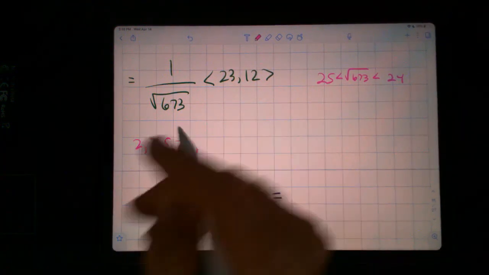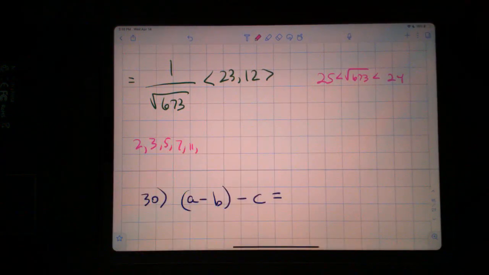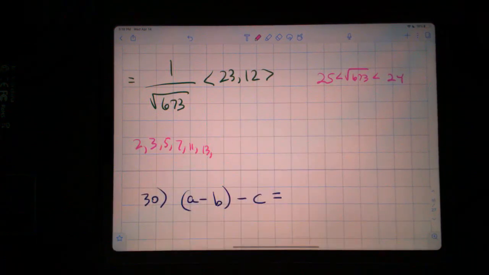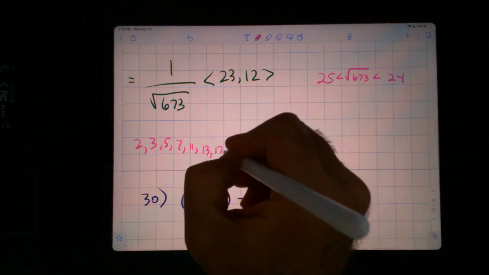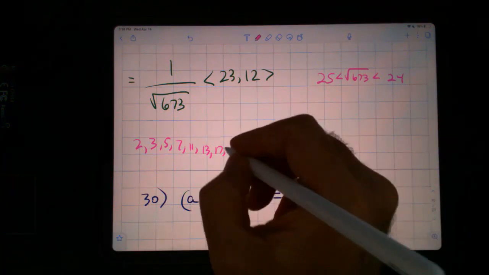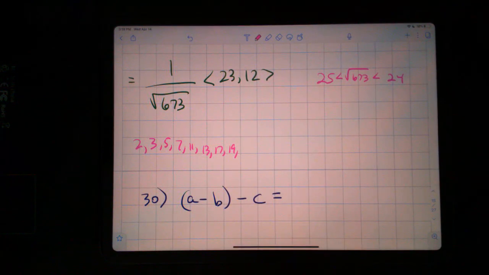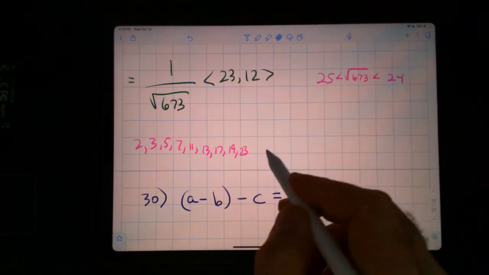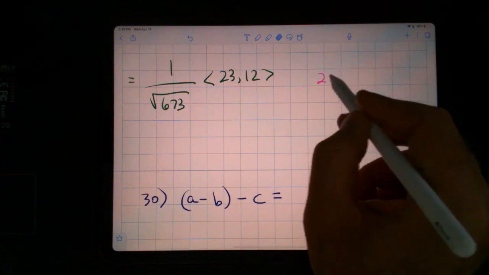No. 13? No. Look at that, another prime number. Okay.